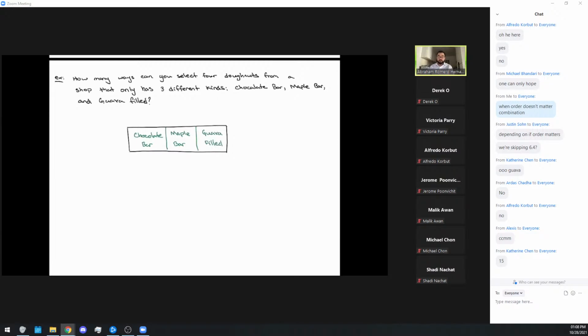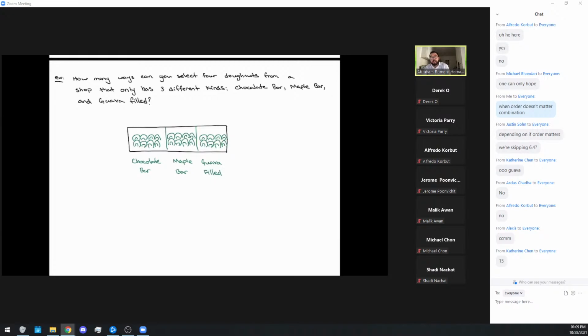Okay. And then just to make it a little bit more visually appealing, let's say we have a couple of donuts here. So here's a donut, donut, donut, donut, donut, donut. There you go. It's also going to help with what I'm trying to explain here. Okay, so there are your donuts.